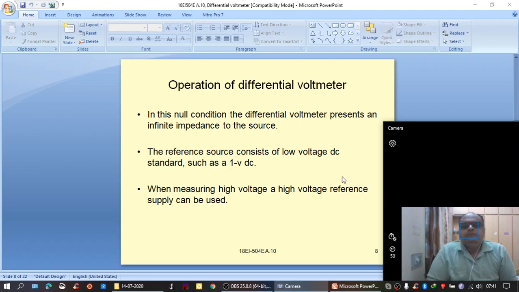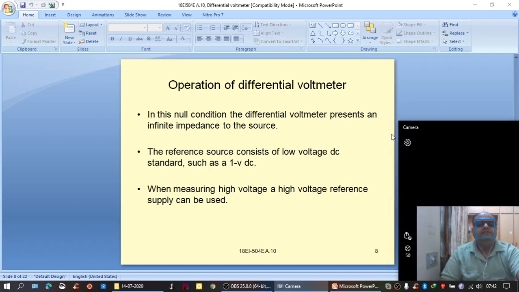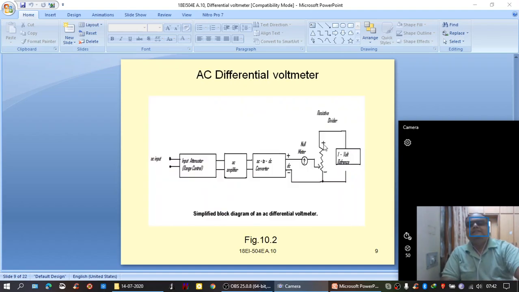So, for high voltage measurements, we have to use a supply with a high voltage value. But whether it is low voltage measurement or high voltage measurement, the accuracy of measurement would be 100% in this, because the voltmeter offers infinite input impedance to the circuit under test.